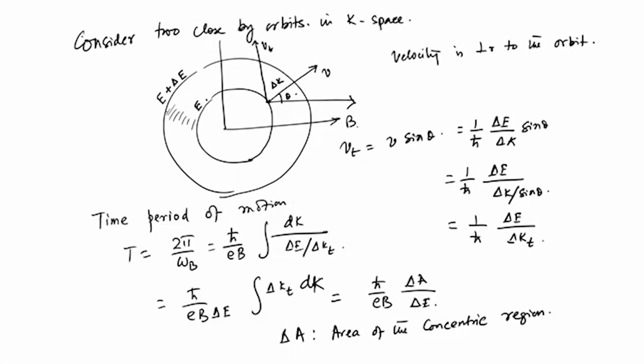So what does it give you? The energy of the electrons that we know is given by n and k z. This is n plus half h cross omega b plus h cross square k z square over 2 m. Now, there is something important here.